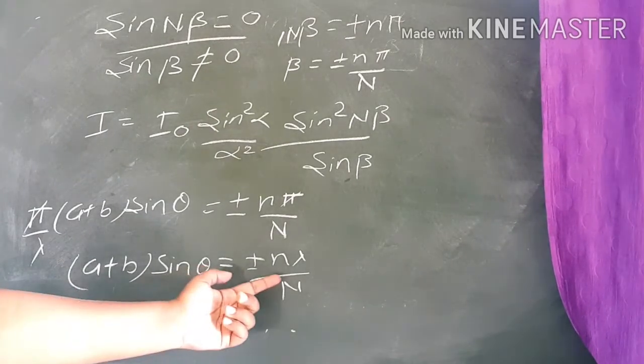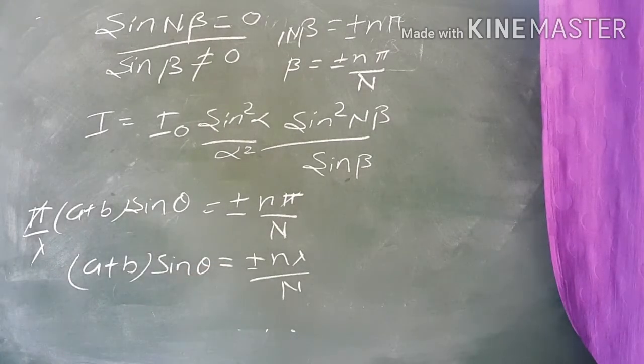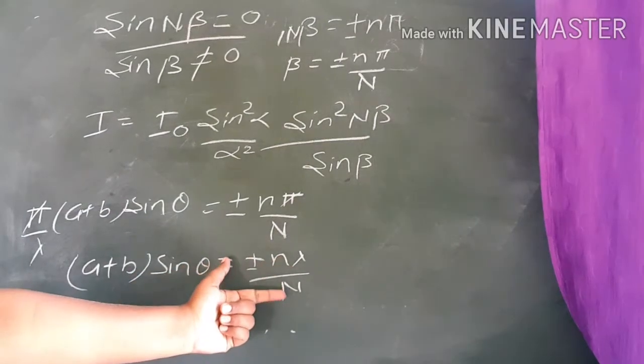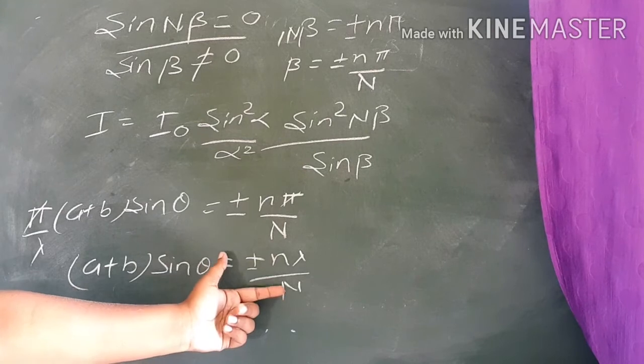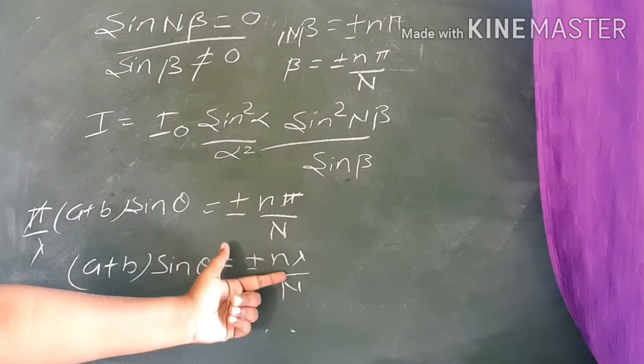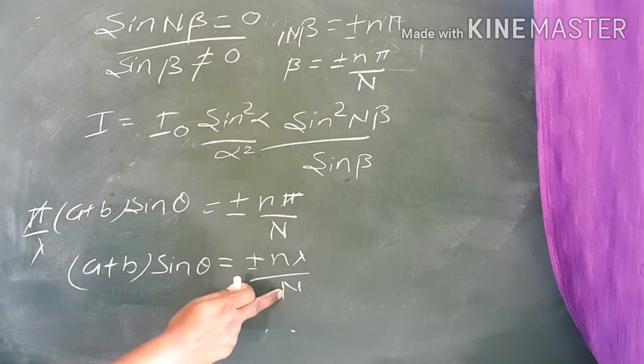Again here n is equal to 0, 1, 2, 3, natural numbers. But if small n is equal to capital N, then this is equal to this.